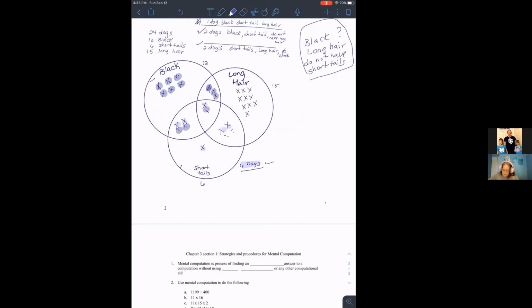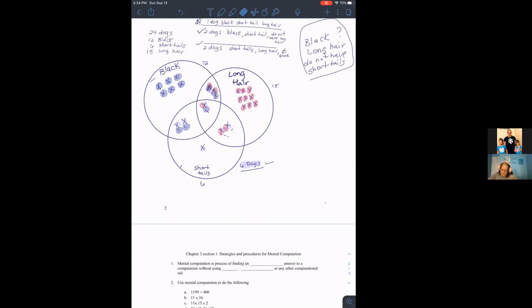So we still have 12 black dogs. And then the long hair, we have 1, 2, 3, 4, 5, 6, 7, 8, 9, 10, 11, 12, 13, 14, 15. I think I should have deleted one more here. 1, 2, 3, 4, 5, 6, 7, 8, 9, 10, 11, 12, 13, 14, 15.